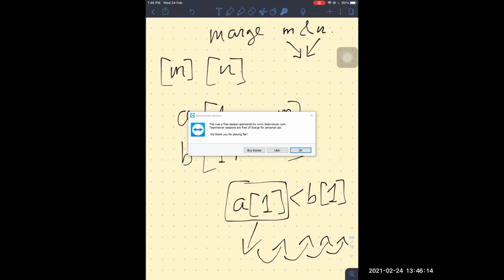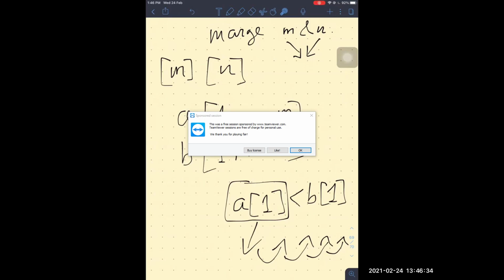Yeah, but for that you have to have the combined array. But I am suggesting that you don't combine them. Yeah, you guys are getting close.